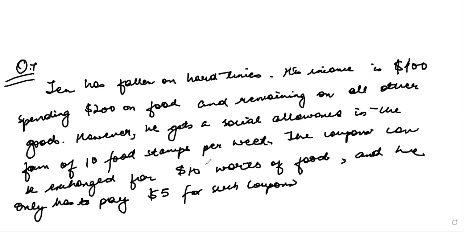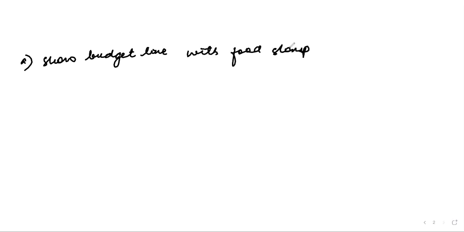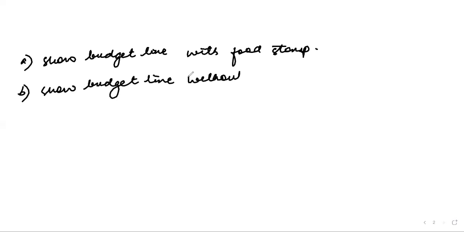Now, this says the following. A. Show budget line with food stamp. B. Show budget line without food stamp.